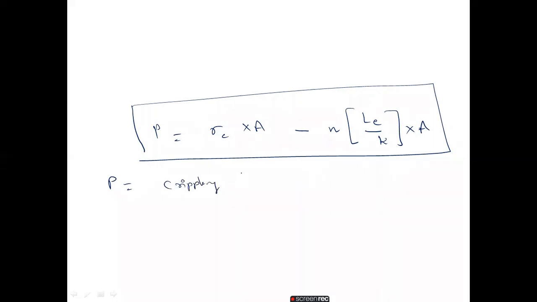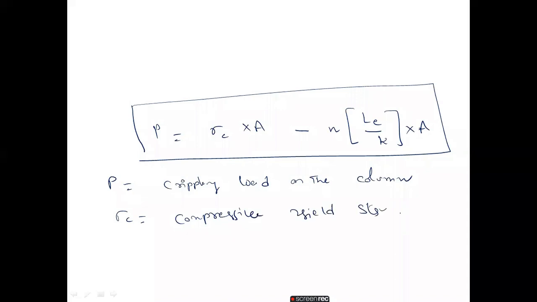Crippling load on the column. Next, sigma C is nothing but compressive yield stress. A is the area of cross section of the column.